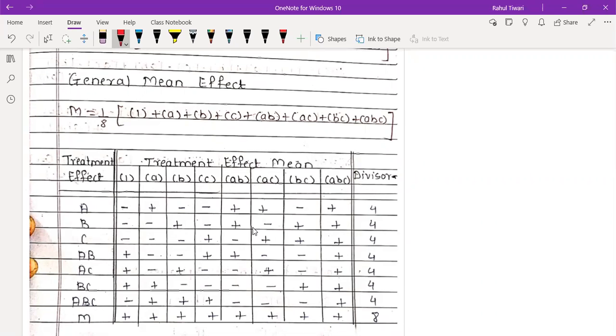Okay. So if you look at this particular treatment sequence, this is exactly the same sequence. In this way we have to write down A, 1, ABC, AB, AC, BC, ABC. And as I said, A means wherever A is present, there you have plus. Similarly for B, similarly for C. Now we have to multiply the first two, which will give us the third one.